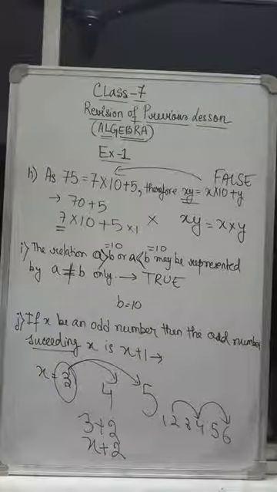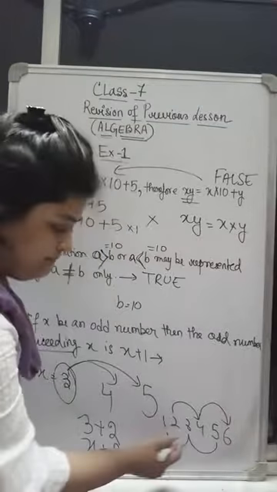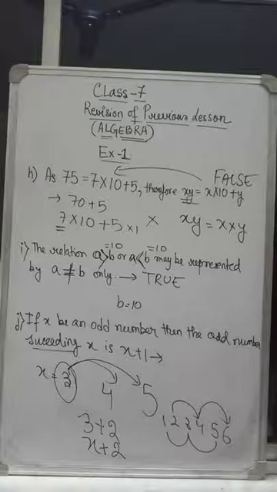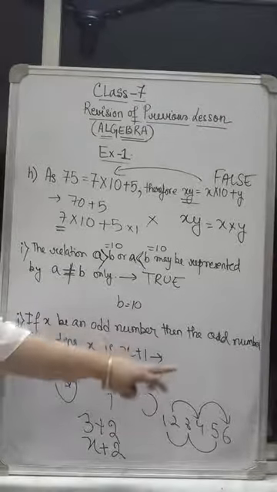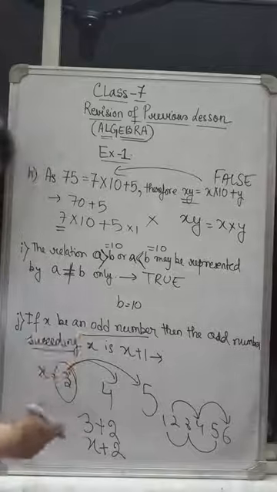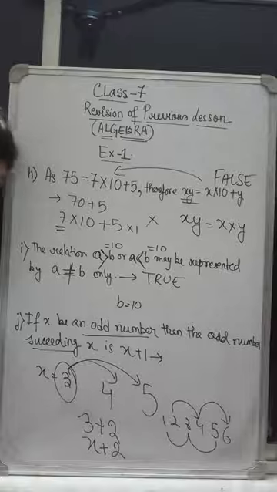Similarly, odd numbers also occur at interval 1, 3, 5. So 1 plus 2 gives you 3, 3 plus 2 gives you 5. So if you want to get the next odd number, if x is an odd number, suppose any odd number you can take, I have taken 3, then how will you get the next odd number?